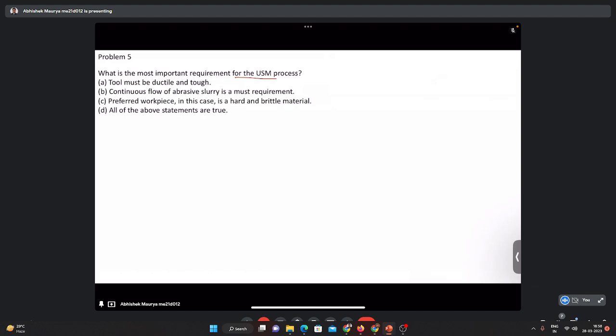The word non-conventional means this is an advanced process, used for machining those materials which we were not able to machine by conventional machining techniques. Let's first try to understand the process, and then we will come to the problem.